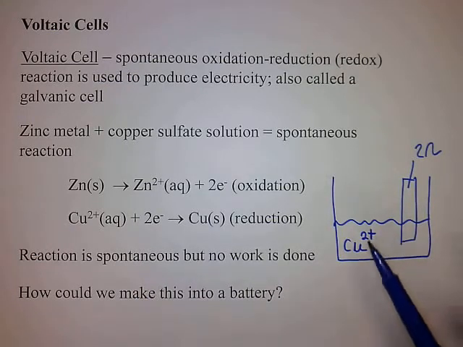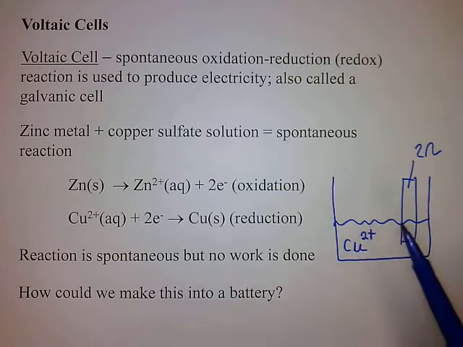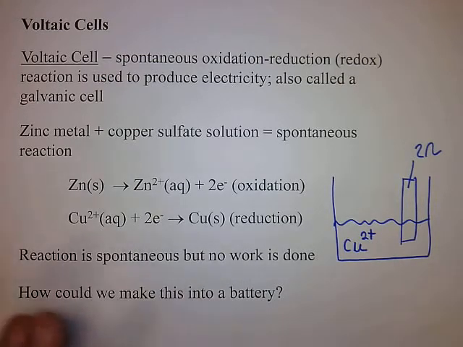If the copper solution is concentrated enough, it can get going pretty good, and the zinc strip can become warm to the touch. But no work is done, because this is the chemical equivalent of taking a battery and just shorting it out. So how could we harness this, and how could we make this reaction into a battery?